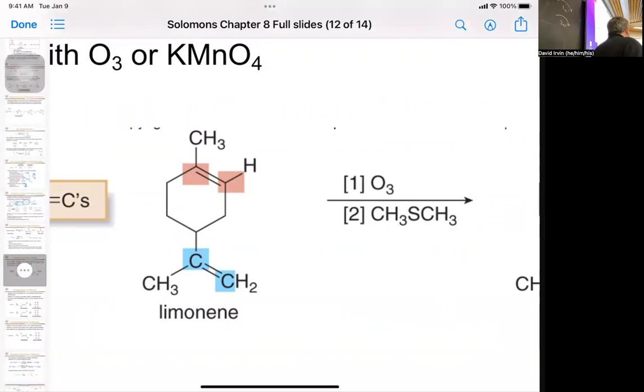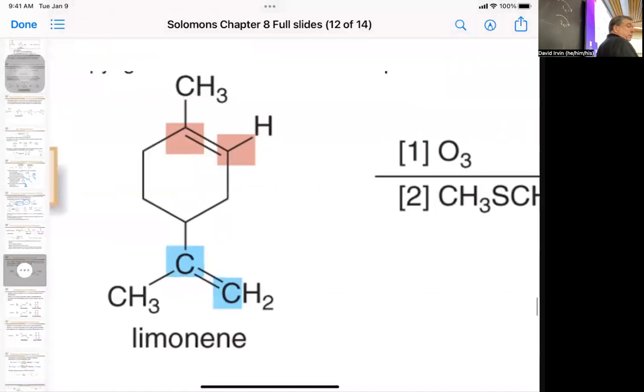It's extracted from citrus fruit. It's what we call a terpene. Terpenes are a class of molecules made by plants and pine trees and stuff like that. Most of them are rings, and a lot of them have double bonds. So they have a nice, pleasant smell. Most of them, like pine tree smell, that's a terpene.